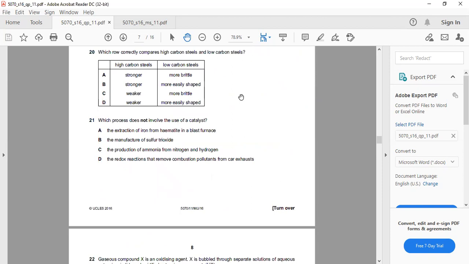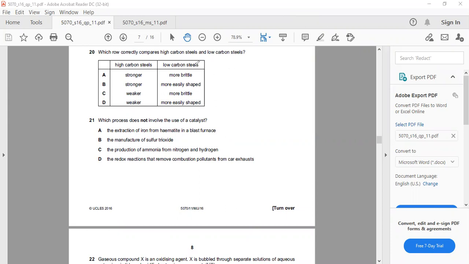Which row completely describes steel? Okay, it's a metal. So high carbon steels are stronger usually. Low carbon steels are more easily shaped.